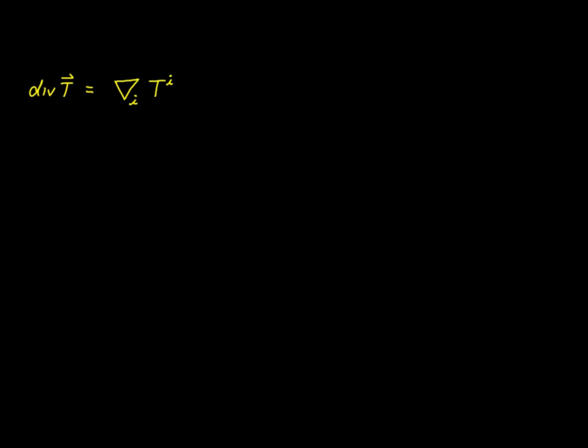So what I'm going to do is to define a new operation. We're going to say that this operation with an index in the upper position like this is going to be equal to Z^{ij} times the covariant derivative with respect to j like this. We're going to call this the contravariant derivative.